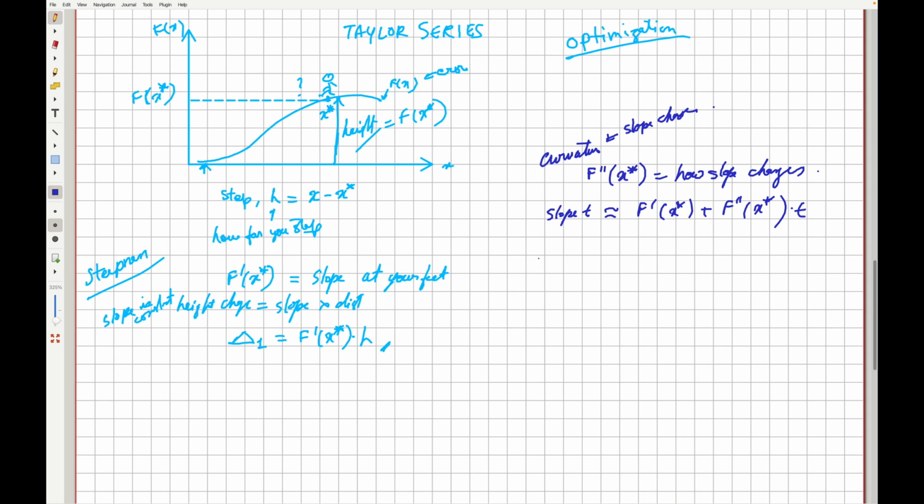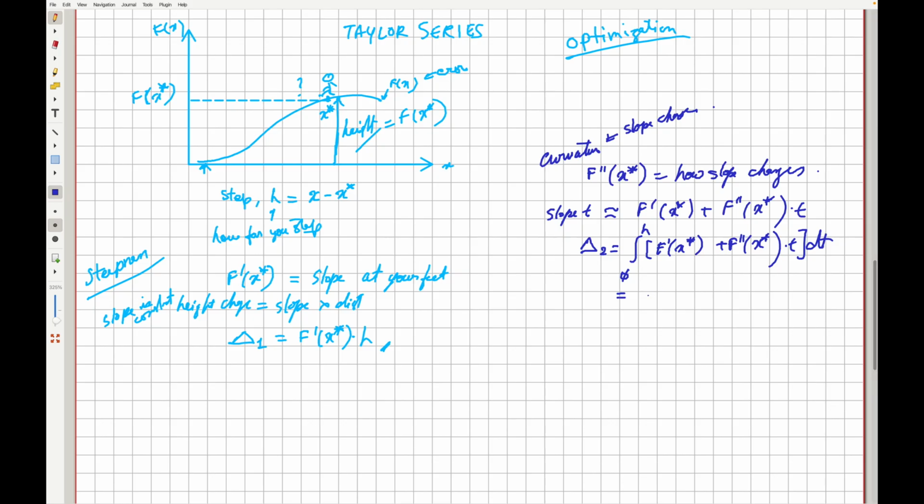So to get the height, we integrate slope. So we have delta 2 is equal to the integral from 0 to h of f prime x star plus f double prime x star times t dt.